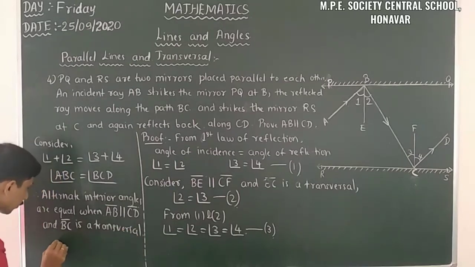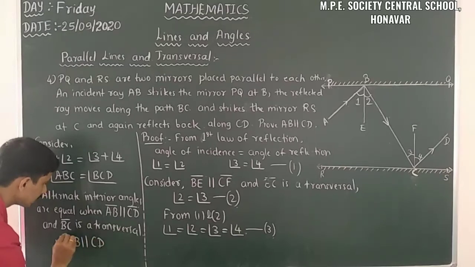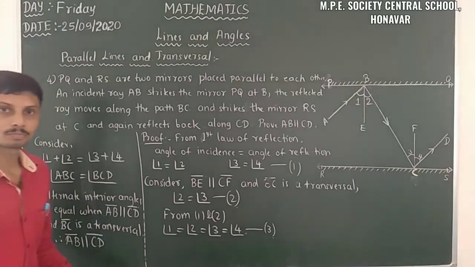So therefore AB is parallel to CD. So this is the proof.